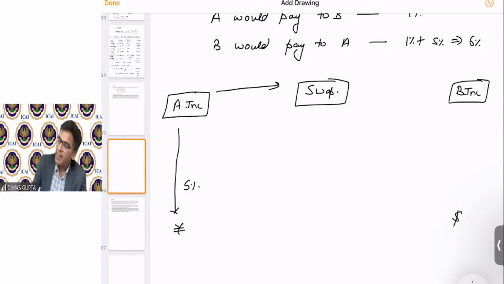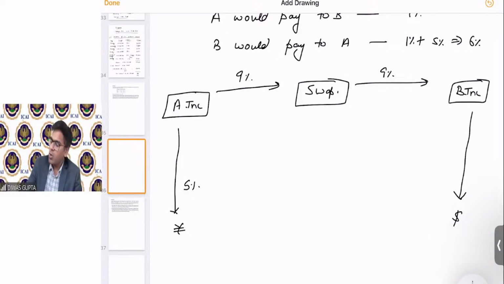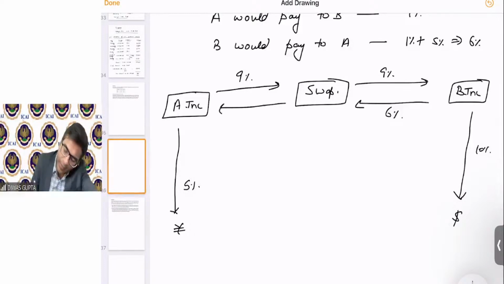A will pay to the swap bank 9%, which swap bank will pay to B as 9%. And B will pay on dollars borrowing at the rate of 10%, correct? So ultimately A is paying to B 9%, that we know. And here B will pay to A at the rate of 6%. Similarly, which will be passed on to A by swap bank.